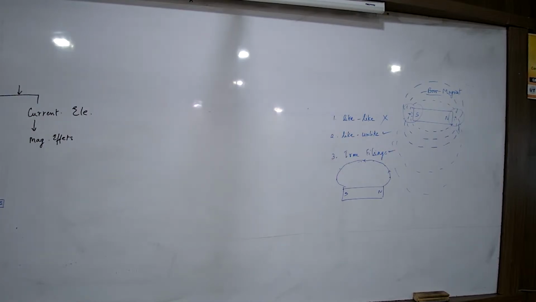Is it a vector quantity or a scalar quantity? I've given you two. Pick your option. Why? If you are choosing scalar, you should tell me why. If you are choosing vector, you should tell me why. Ananya? Why? Because there is a specific direction.